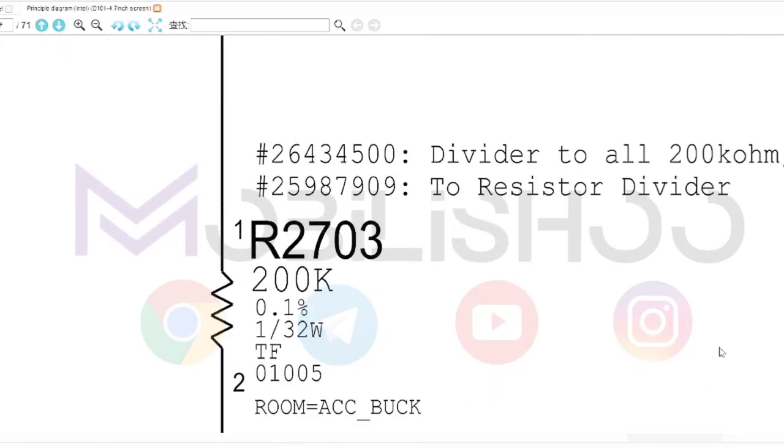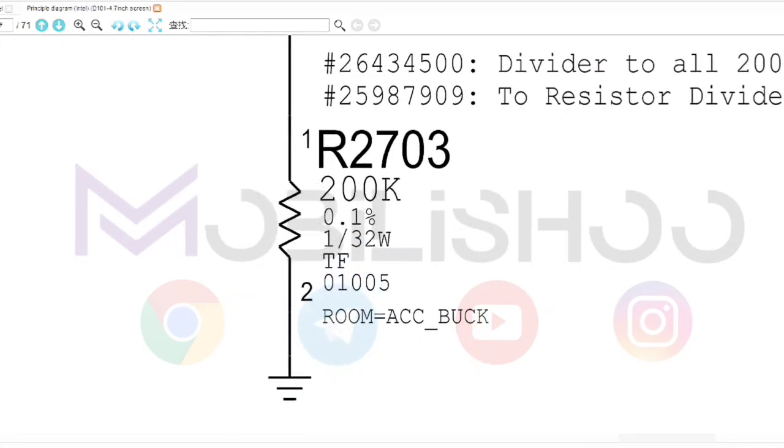I will move on to the next resistor, which we want to show in the diagram, the TF resistor. You often see MF resistors, but here we have the TF resistor, which has a very low error coefficient of 0.1%.